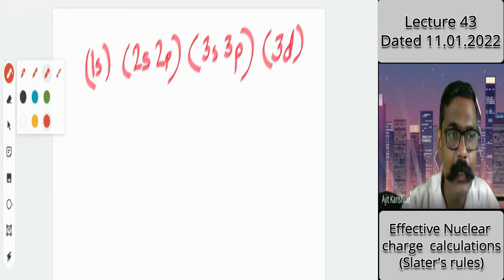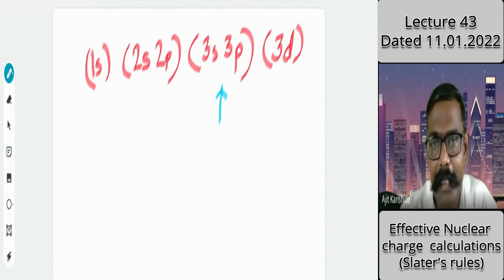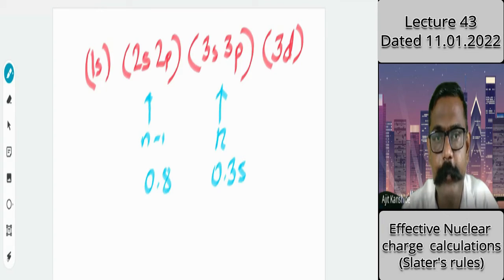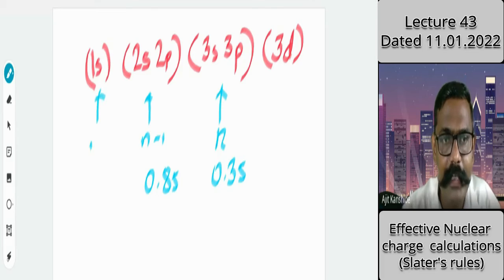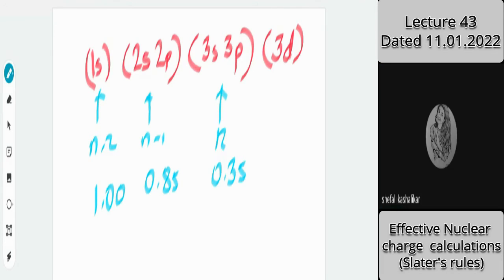If my electron under consideration is in this group, it is my nth group, then the contribution for that group will be 0.35. If it is my n minus 1 group, the contribution will be 0.85. If it is my n minus 2 group, the contribution will be 1.00. Are you following? Yes, sir.